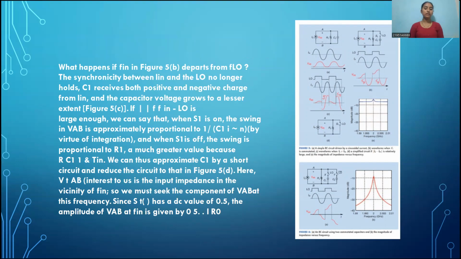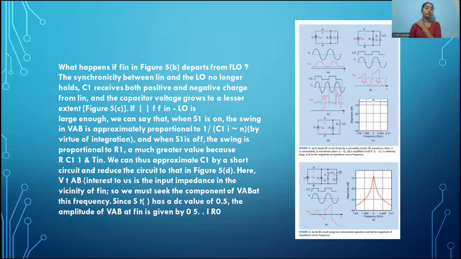We can say that when S1 is on, the swing in VAB is approximately proportional to 1 by C1, and when S1 is off, the swing is proportional to R1, a much greater value because R1C1 is much larger than TLO.